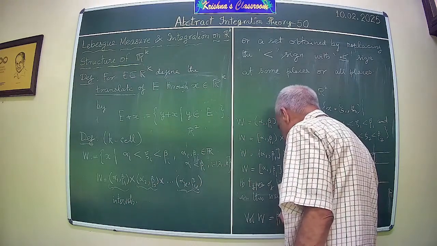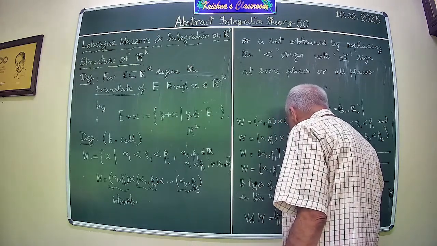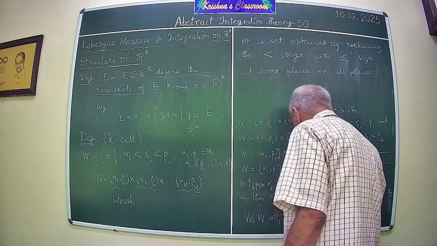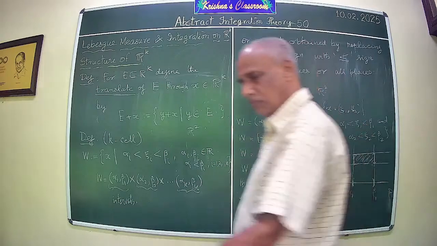beta 1 minus alpha 1 into beta 2 minus alpha 2. So, in general, what is the volume?